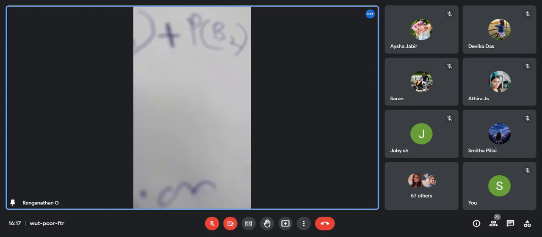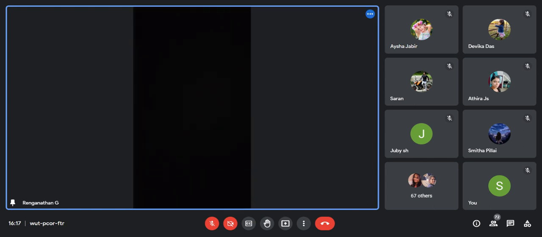There are two boxes, one containing 5 white and 4 black balls, and the other containing 6 white and 5 black balls.